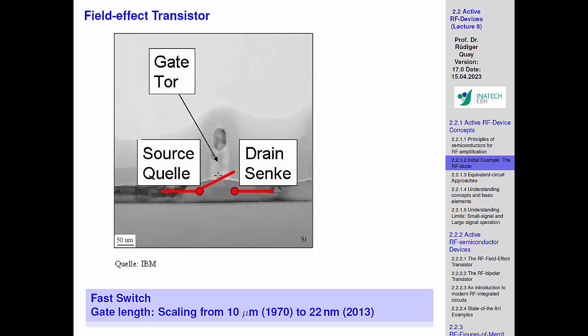And this started with a very large extension, so that in the beginning it was this famous long channel MOSFET, which nobody has used for 50 years, but everybody still talks about it. Down to 2013, that's 22 nanometers, and we are down to 3 nanometers today in the latest iPhones.